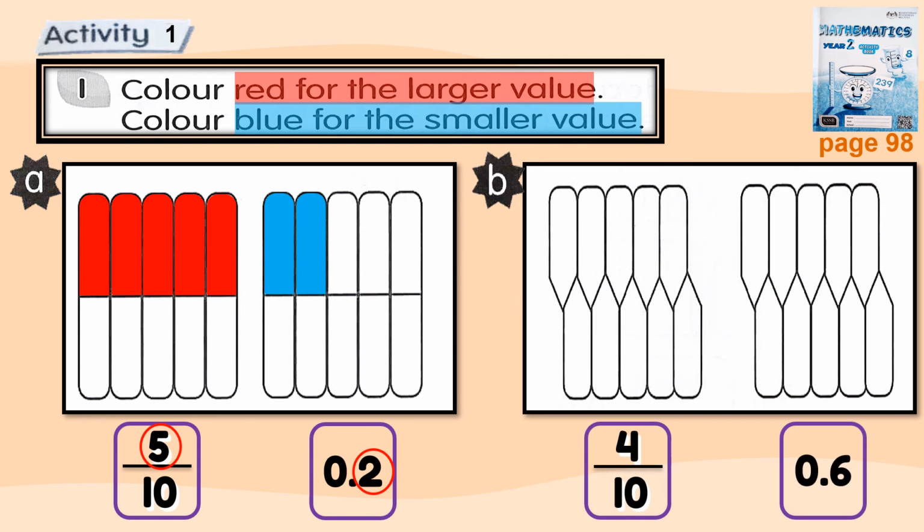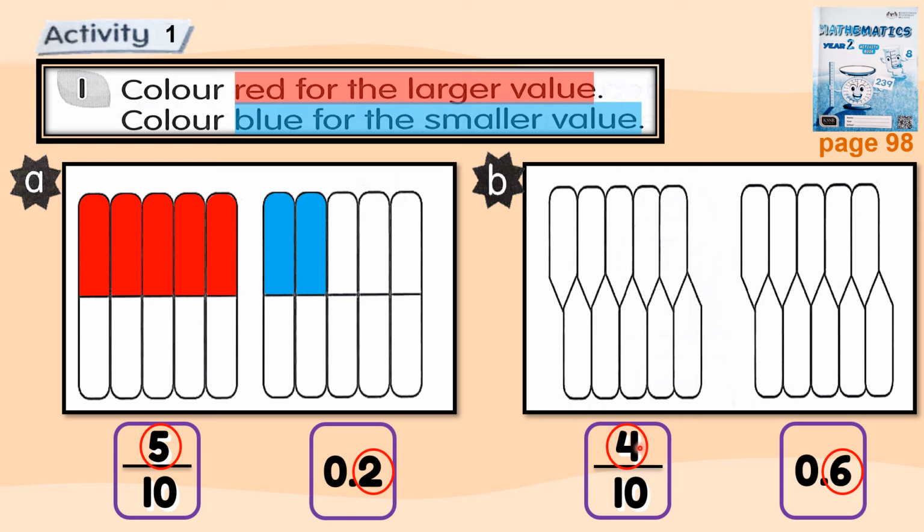B. Let's look at the fraction and the decimal. Let's compare which is the larger or the smaller value. 4 and 6. 4 is smaller value than 6.